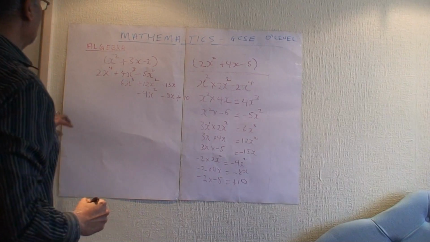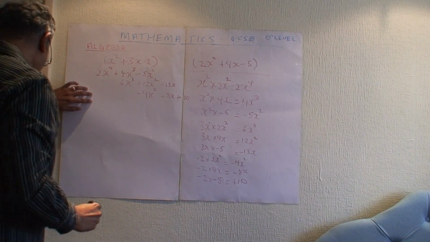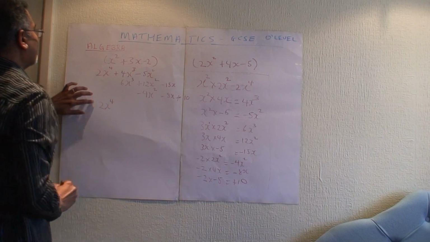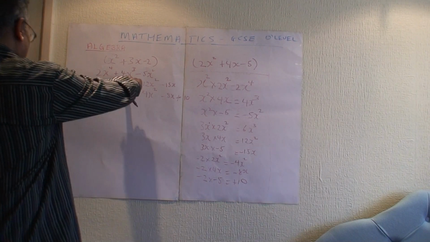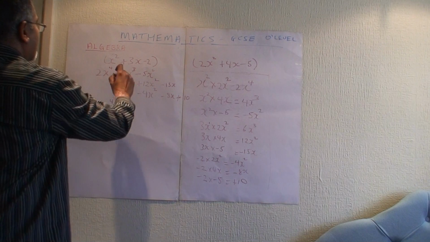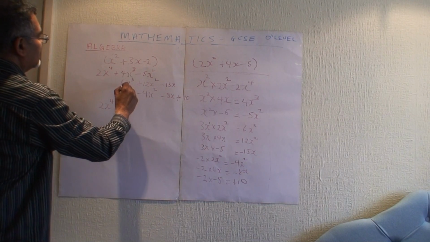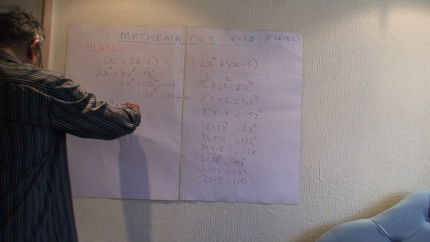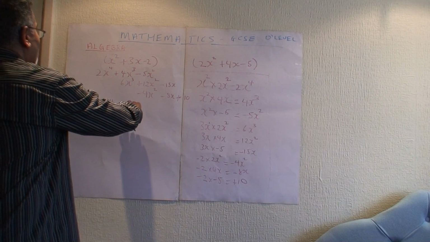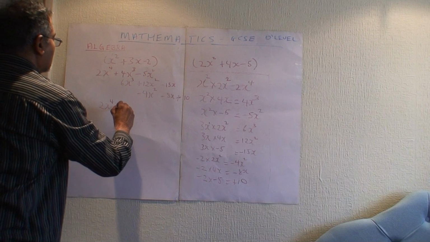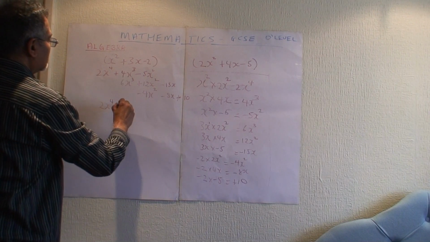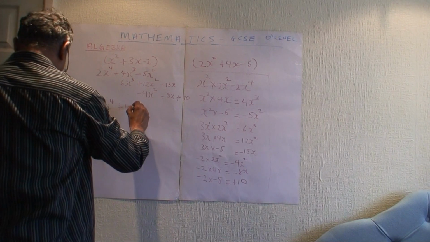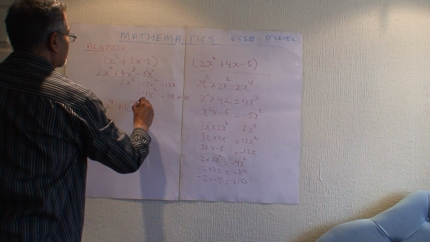So we work it down from here. We see 2x to the 4th power. We have 4x to the 3rd and 6x to the 3rd power, so we add them up, and that's 10x to the 3rd power.